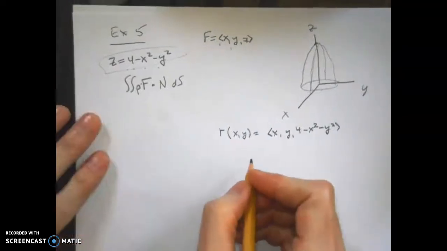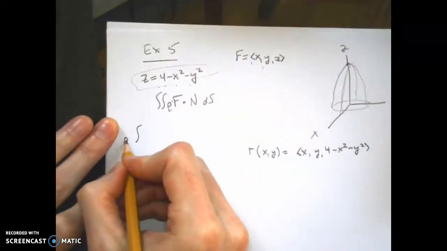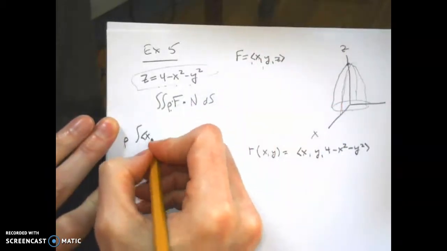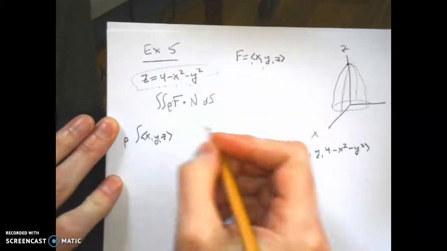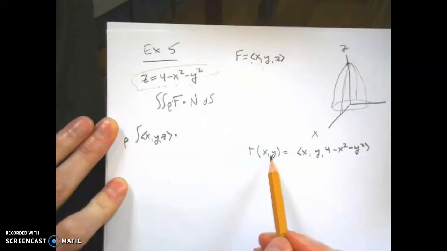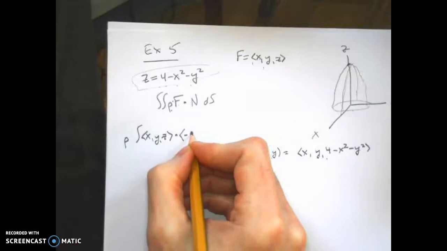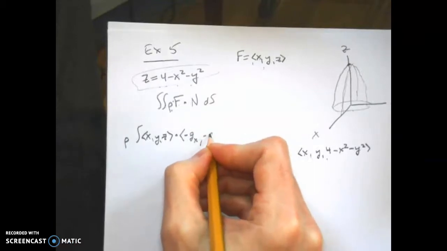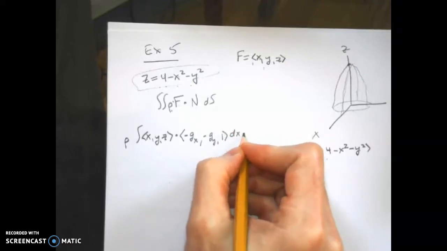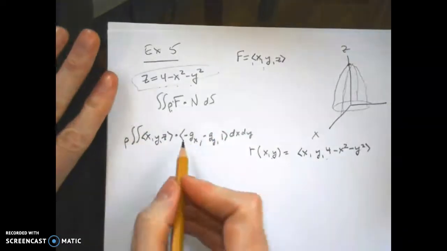So we've got our constant. This is a constant density, so we can pull that out. And our f is going to be x, y, z. Then we dot that with the normal, which would be r sub x crossed with r sub y, which comes out to be the opposite of g sub x, the opposite of g sub y, comma 1, dx dy. Sorry, that should be a double integral. Let's do this first.